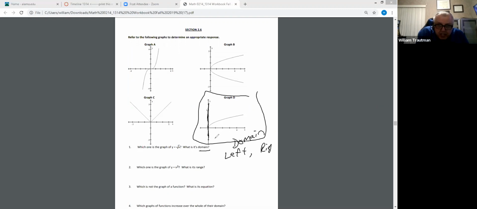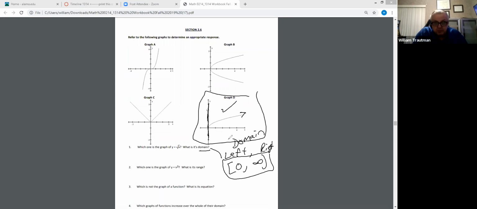The farthest left is 0. The farthest right, they don't show the arrow, but there's an arrow there. It goes on forever to the right, so it goes to infinity. You can never touch infinity. So the domain for this graph is from 0 all the way to infinity.